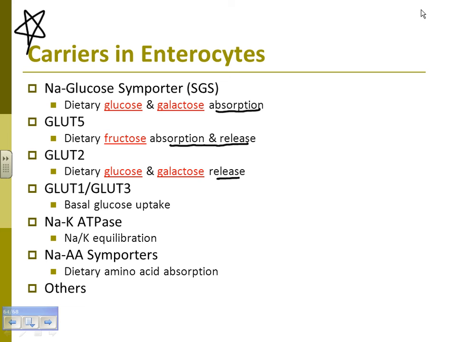No, glucose and galactose are always bonded together here. Remember, glucose and galactose make up lactose. So a question might be like, which transporter releases the product of breaking down lactose? So which transporter, when you break lactose down to glucose and galactose, releases the product?